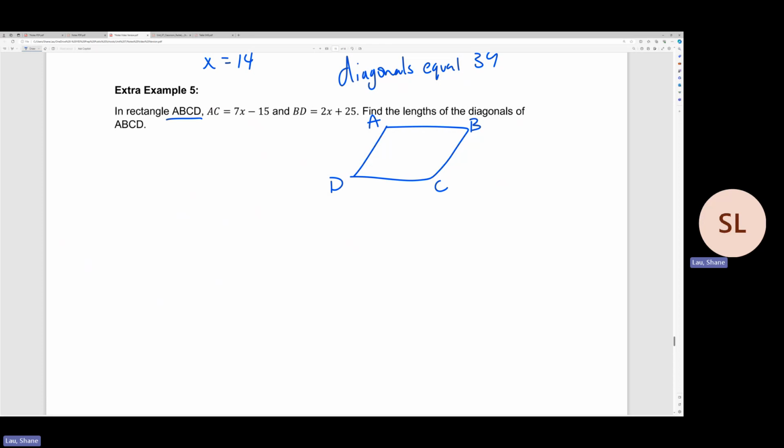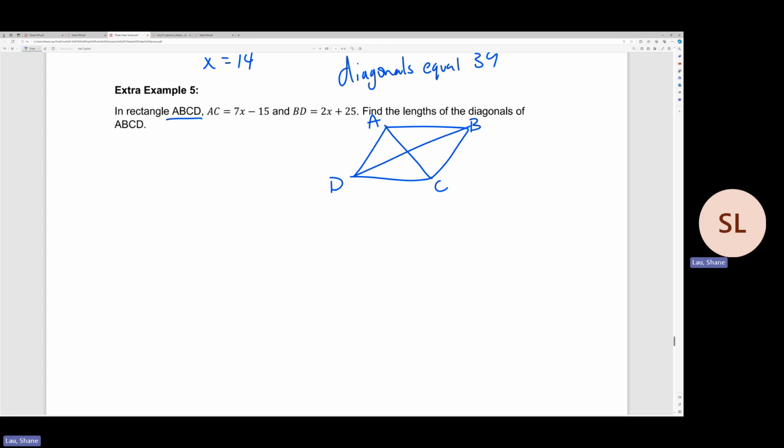So you start from the top left and you work your way around back to it. So now this is saying that AC is 7x minus 15, and BD is 2x plus 25. We're supposed to find the lengths of the diagonals of ABCD.